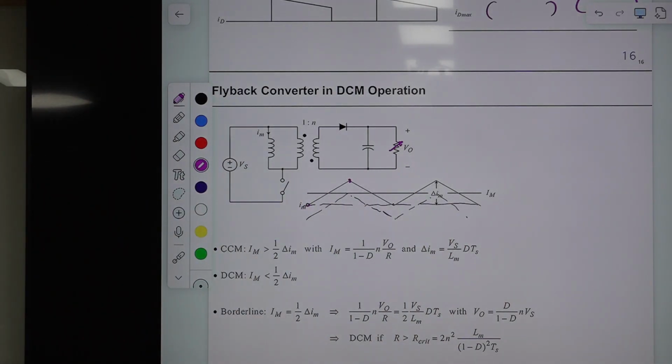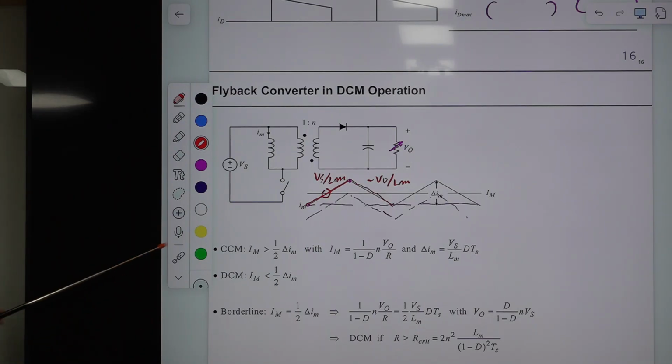So what is actually happening is, if you increase R, this is the borderline between CCM and DCM. And during this time, this slope is Vs divided by Lm. And this slope is minus VO divided by Lm.